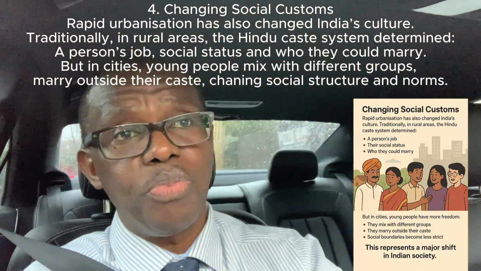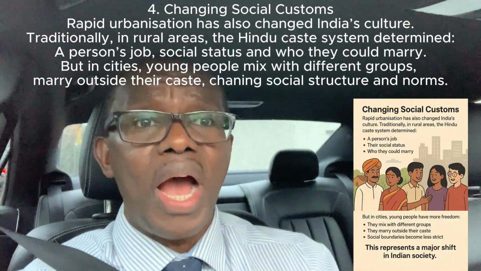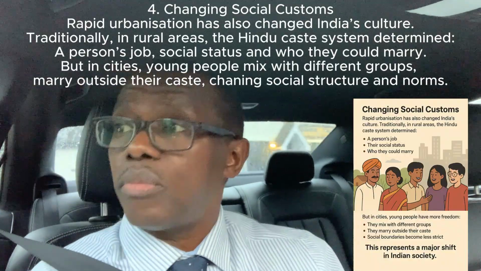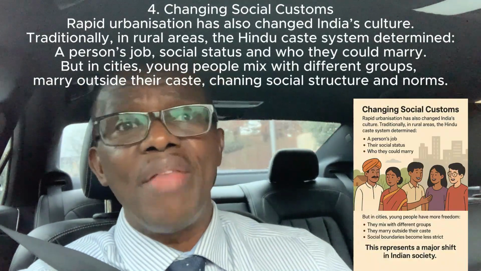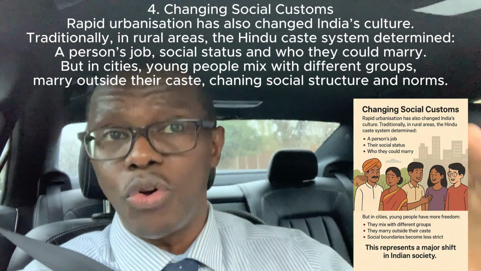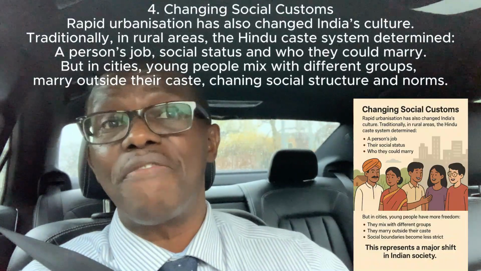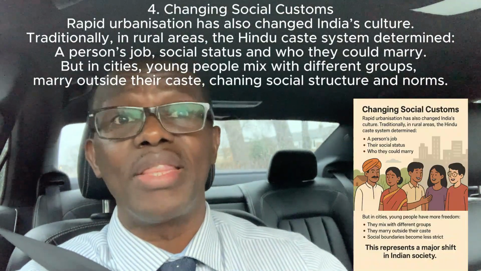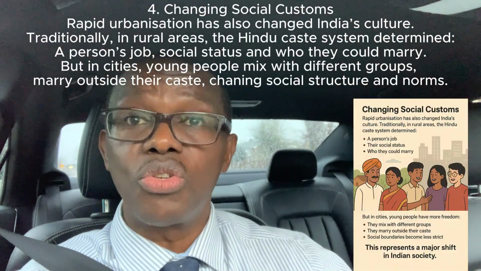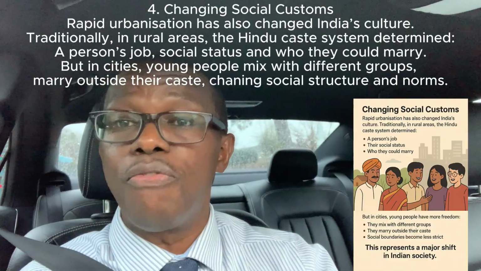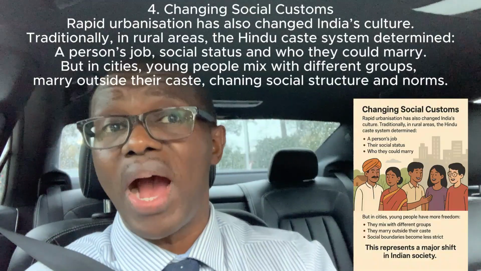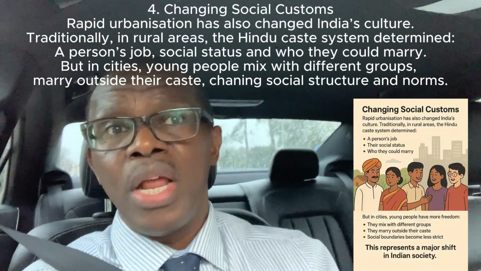Now, we have mentioned previously that India, especially in the rural areas, has a caste system where the society of India is stratified, where you have four social castes, from the very first one, which has the Brahmins, who are like the ruling class of India, and then there are the Shudras, who are in the fourth caste, which is the last one, and those tend to be the people who are the workers in India.